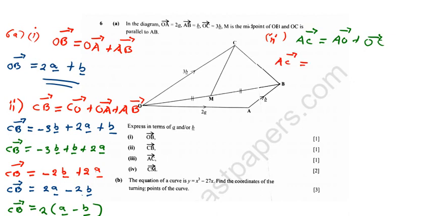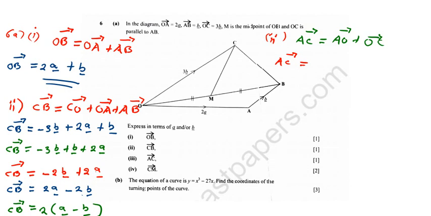is equal to AO. At AO we have a 2a vector, but as you can see, we are going against this arrow, because the arrow is pointing in this direction and we're going the other way. We're going from A to O, which is against that arrow, so the 2a vector becomes a negative.